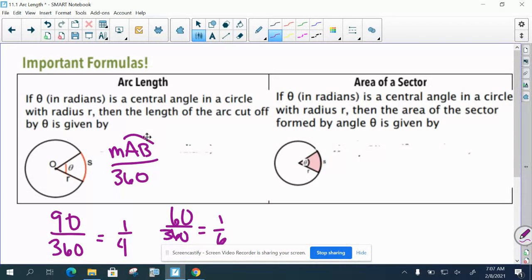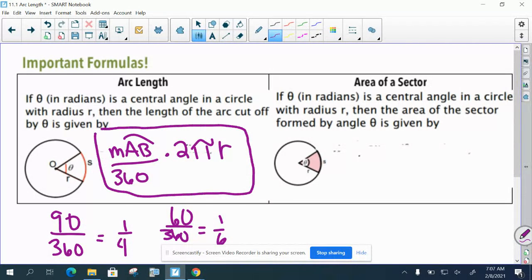So we'll take the fraction of the arc and multiply it by 2 pi r. Or it might be helpful to calculate 2 pi r first and then multiply it by the fraction. And then always leave your answer in terms of pi unless it says to round. So that's how you find the length of an arc.